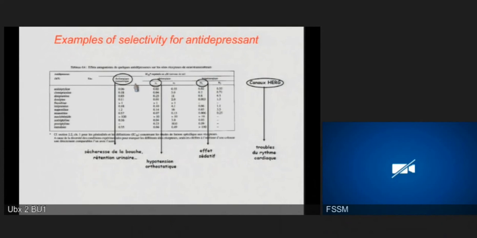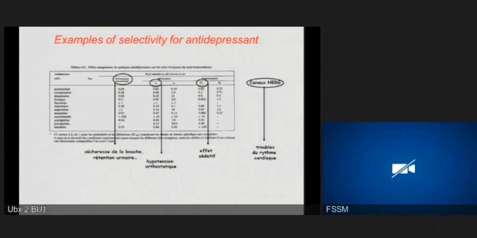So why am I speaking about those specific sites? Because they are well known to be bound by amitriptyline with quite high affinity, here 60 nanomolar, alpha-1 20 nanomolar, and H1 20 nanomolar.